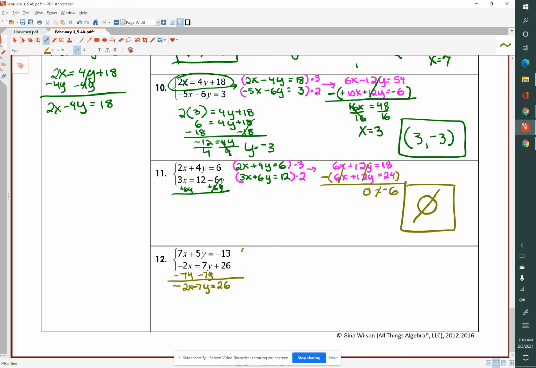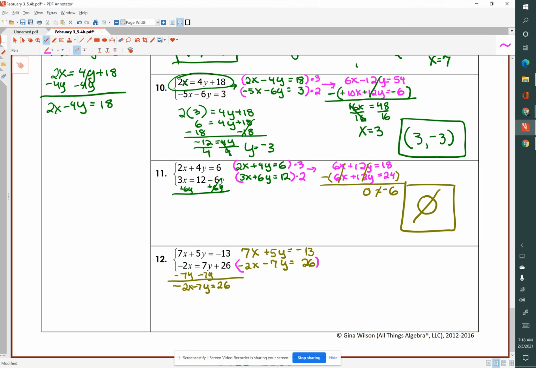So I'll write those here. My first equation, 7x plus 5y equals negative 13, and negative 2x minus 7y equals 26.